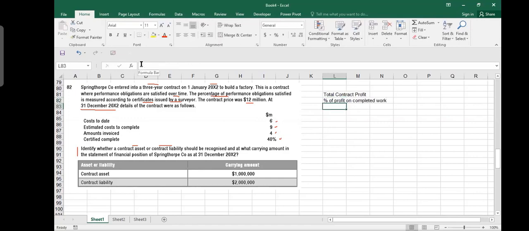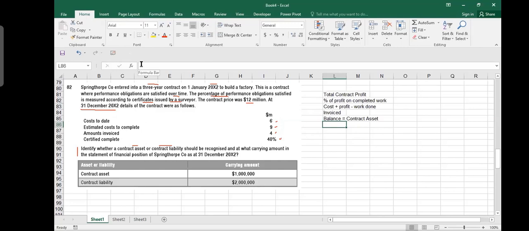Then we found out our cost plus profit. This will give us work done. And then we find out how much we already invoiced. And the balance is always your contract asset. This is like the third question we are doing, and we followed the same pattern. And we are going to follow the same pattern here again.